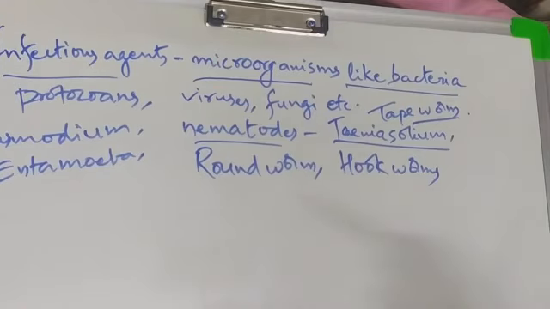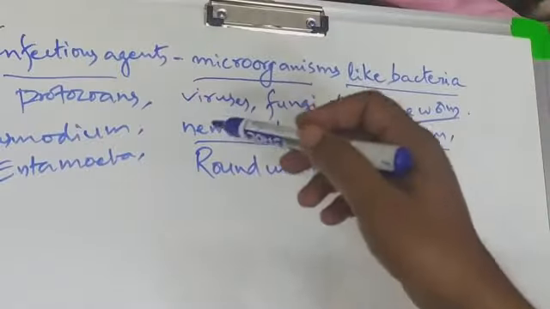The second type of diseases are not caused by infectious agents. Then how are they caused? These causes vary, but they are not external causes like what we have discussed here.